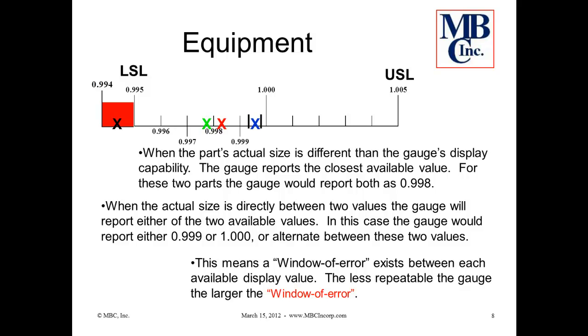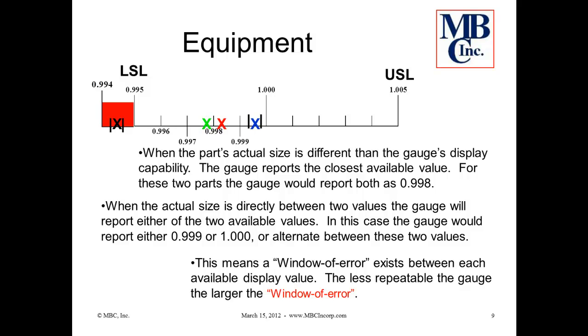Since this part falls directly between the 0.994 out of spec and 0.995 in spec, if this part were measured multiple times, it might give different readings, since it falls directly in that window of error that exists when a part falls between two values.